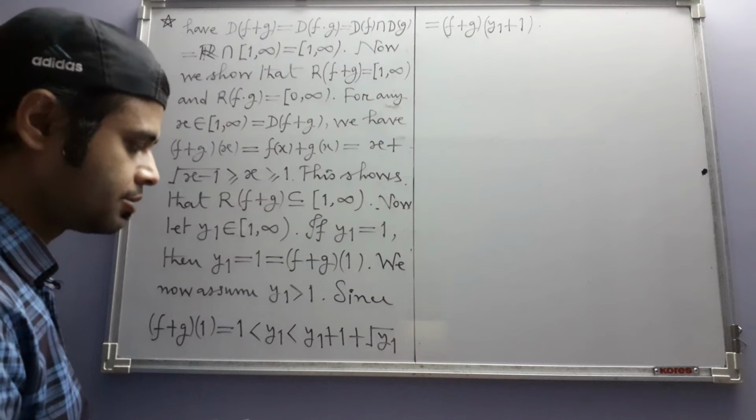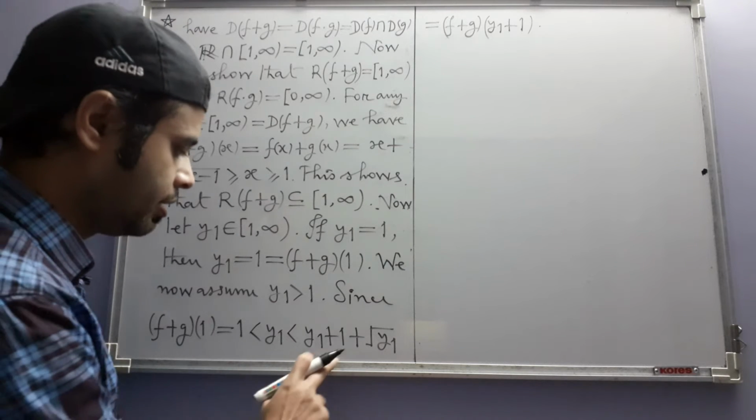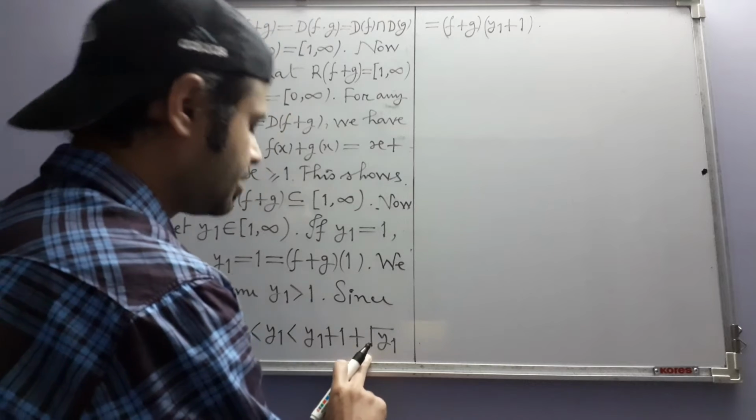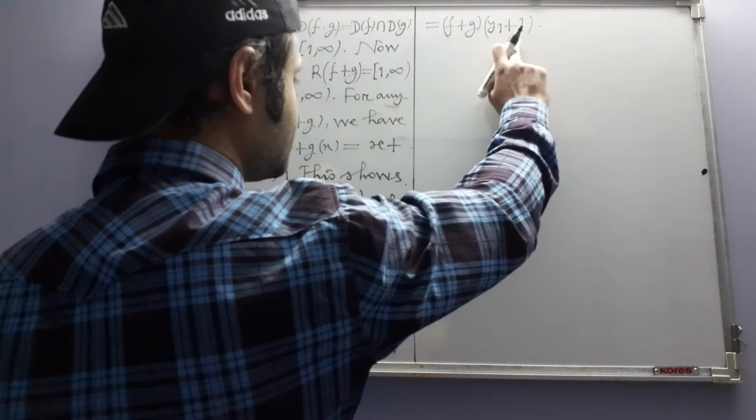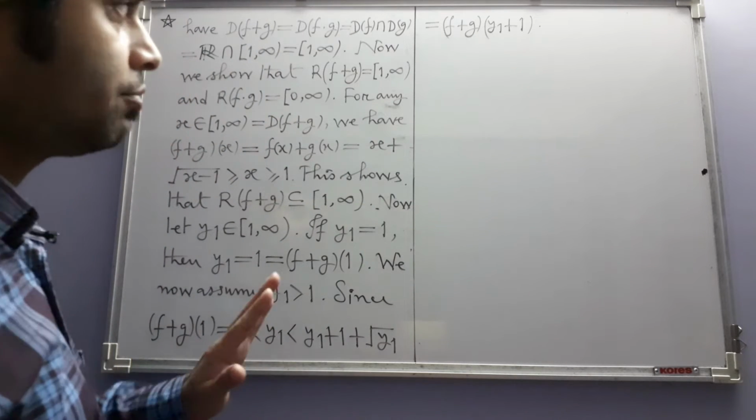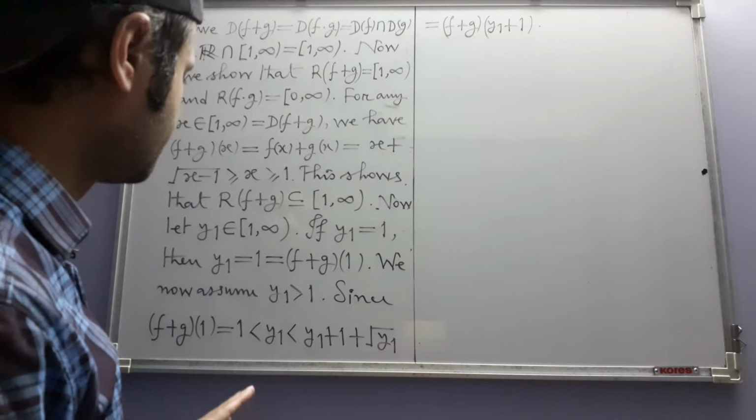So in particular it's strictly greater than 0. So the second inequality is also true, and this is equal to the f plus g image of y1 plus 1.